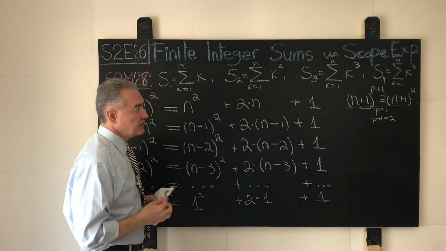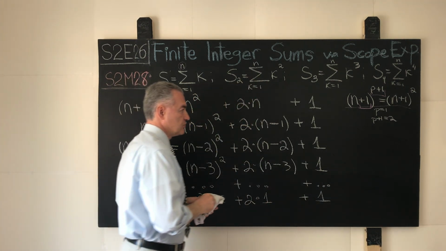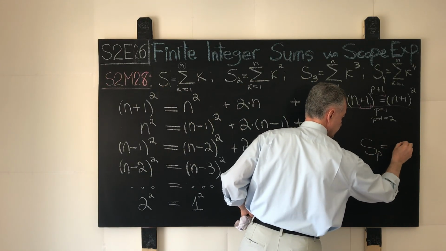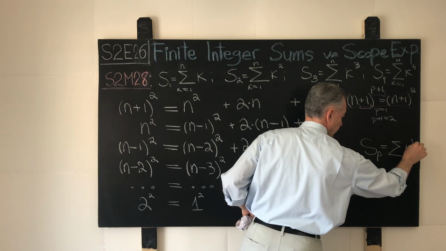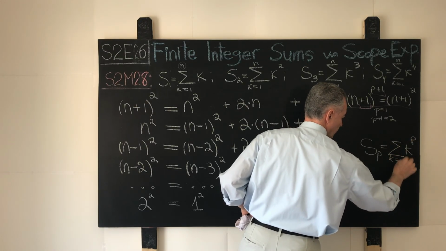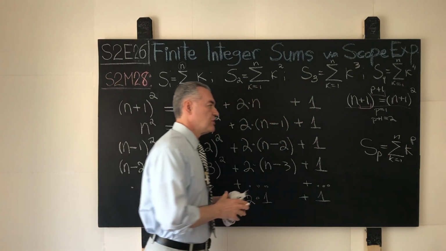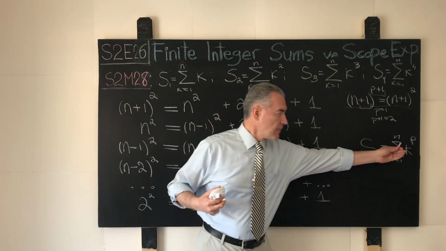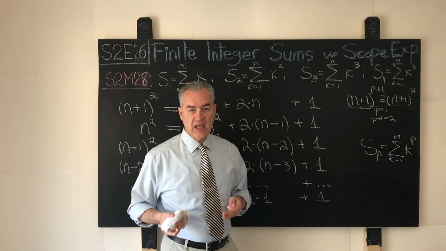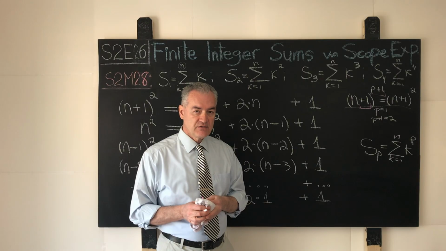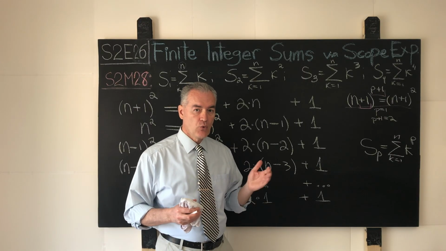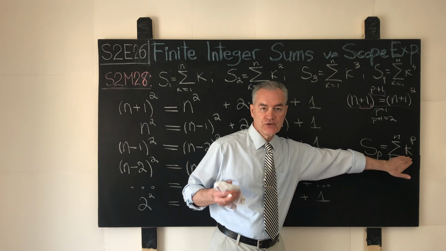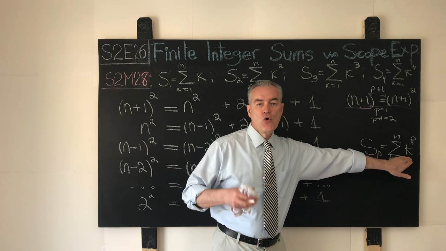Notice that in our sums, if you remember the shape of our sum, it is the sum of k to the power p, where k varies from 1 to n. When we say that the whole strictly positive number p is fixed and known ahead of time, that means that the value of p can be 1 for all the summands k, or 2 for all the summands k, or 3 or 4 or 5.